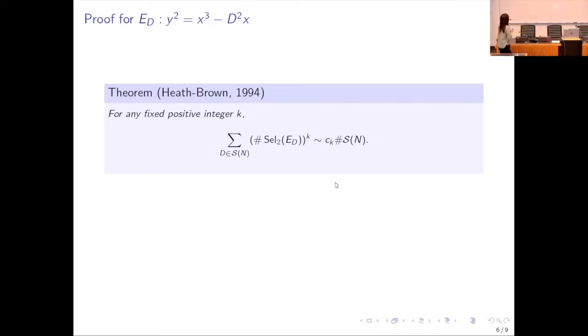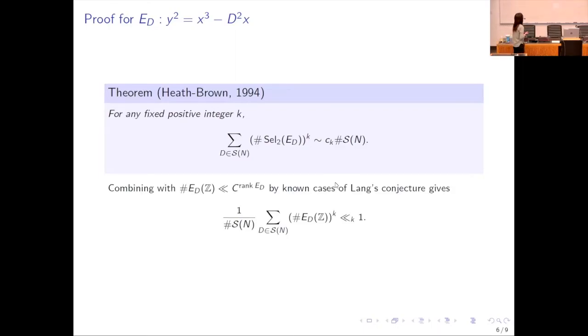You get an upper bound of c to the rank for the number of integral points on each curve, and we use the size of the 2-Selmer group to bound this. This k will not be the same as the k here, but if you take k large enough, it will give you an upper bound on the number of integral points. Because Heath-Brown's result implies that the moments are all bounded, applying the upper bound from Lang's conjecture, you also get that the moments of the number of integral points are all bounded.